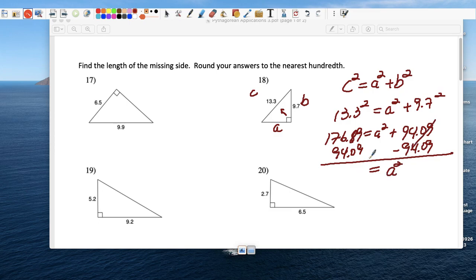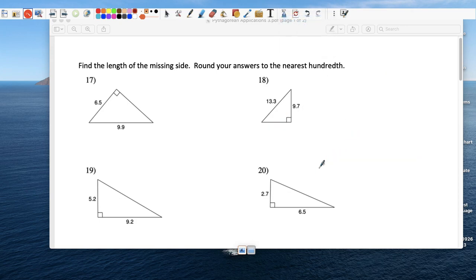A squared, I have no idea what that is, minus 176.89. We get 82.8, sorry. We take the square root of both sides, which makes this an A, and then the square root of 82.8 equals approximately, I don't know, 9.10. And that's what A is.